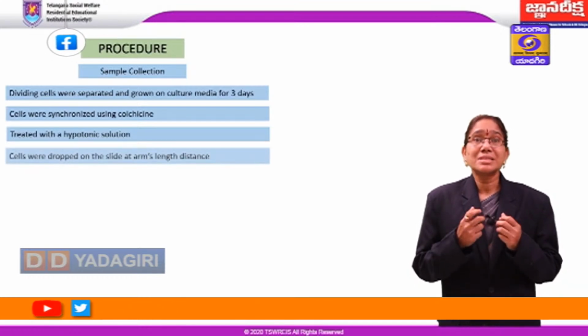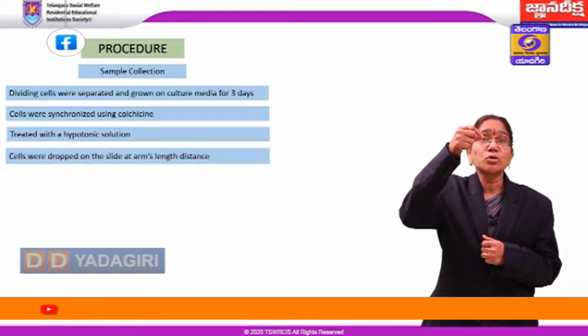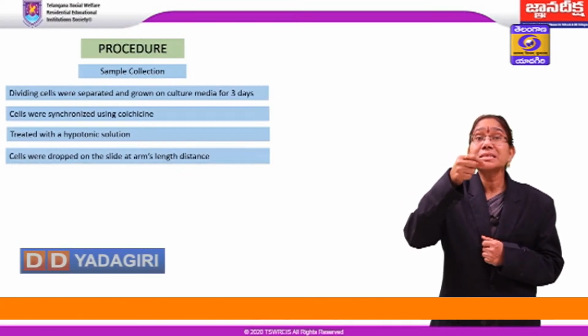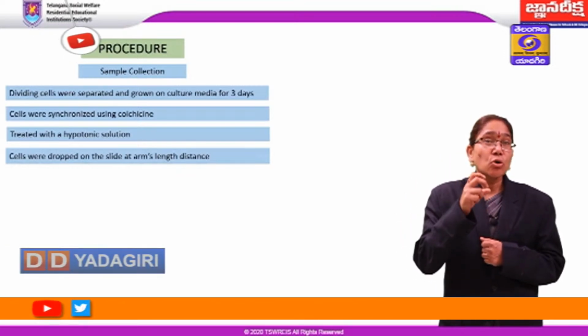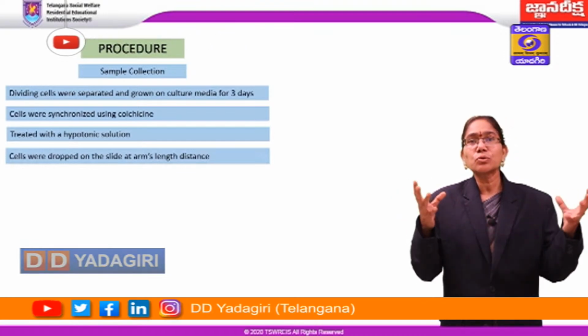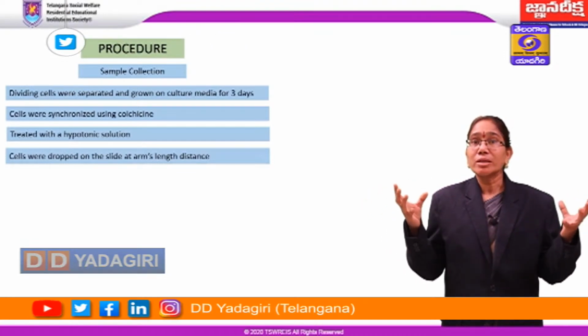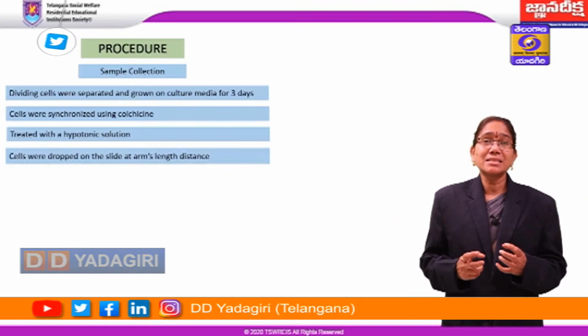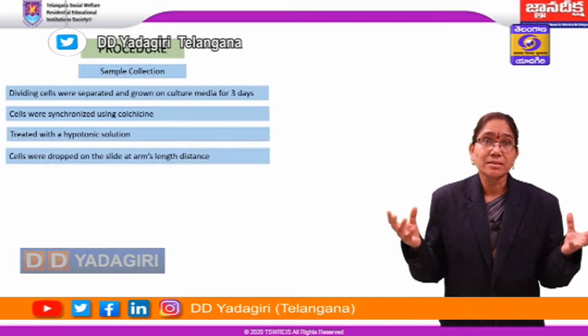Next step, cells are dropped onto the slide from arm's length distance, which causes the nuclei to burst, and all the chromosomes are scattered on the slide, which creates a metaphase spread.